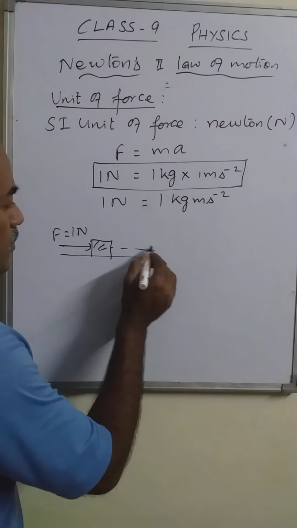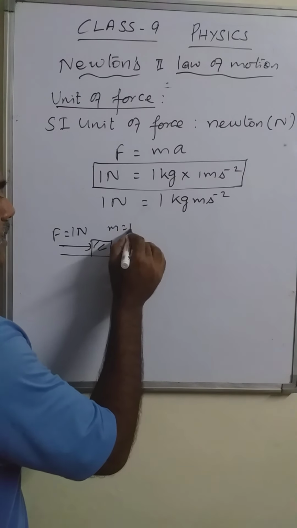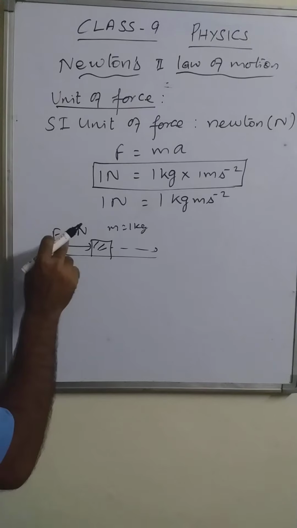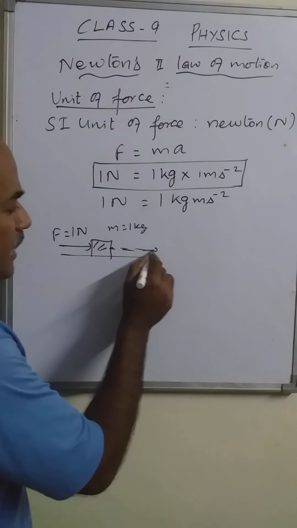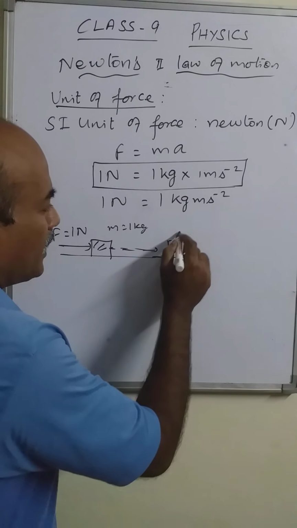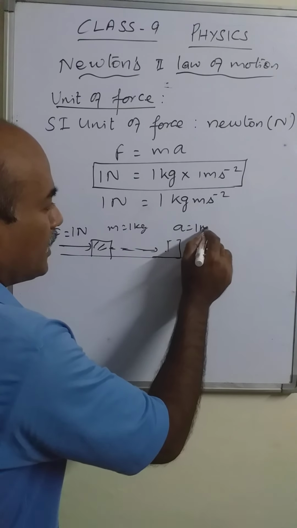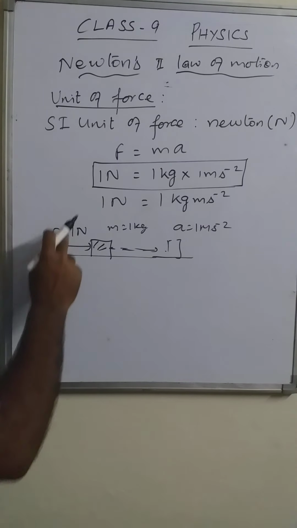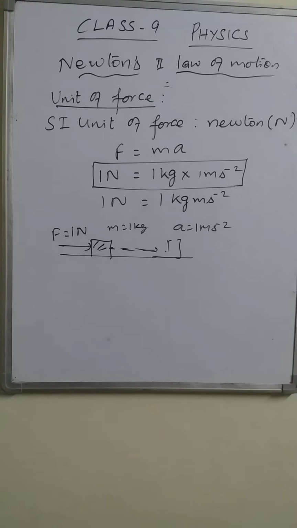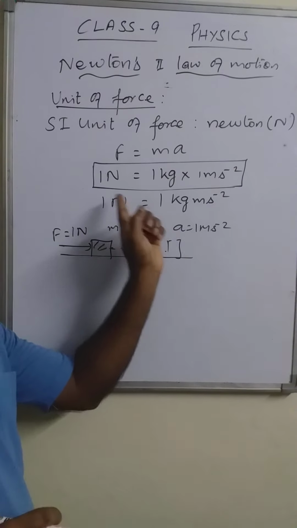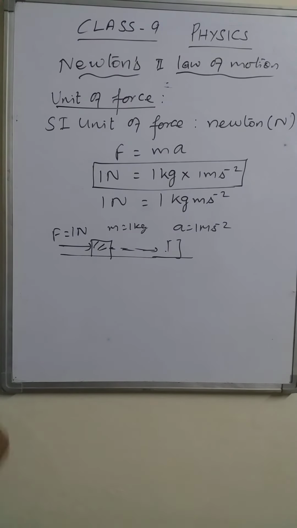If its mass is 1 kg, and this force applied is producing the acceleration 1 meter per second square, then we say the force is 1 Newton. So 1 Newton force can be defined in this way.